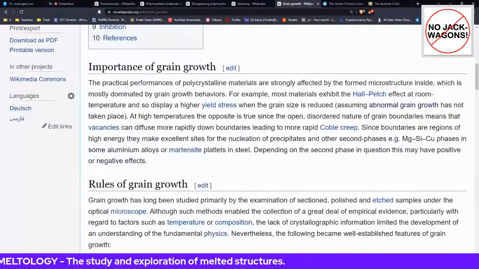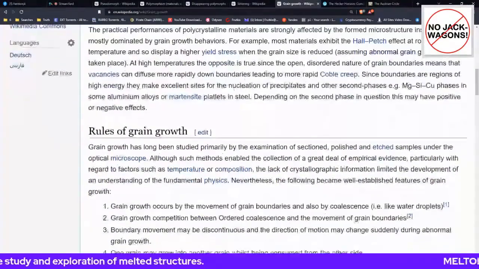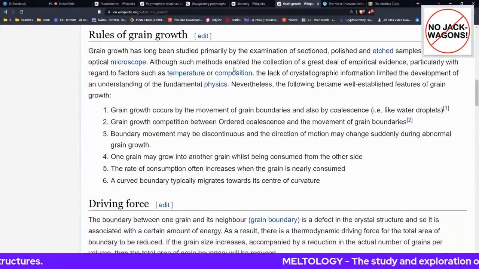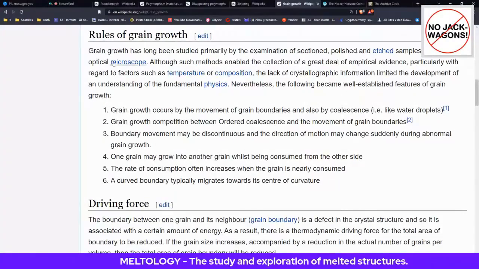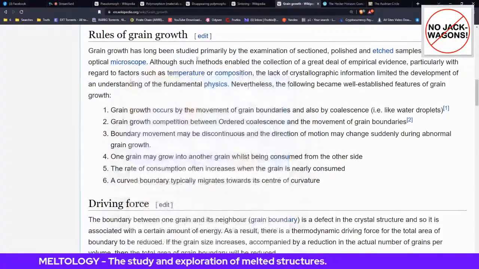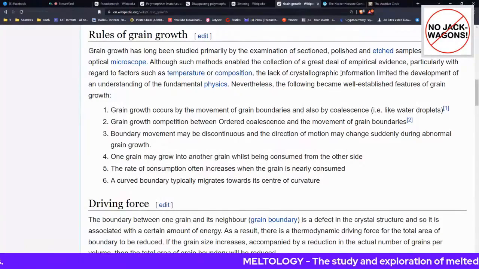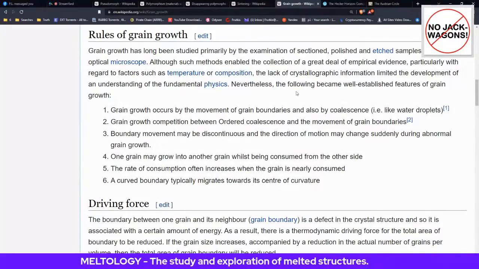And now they talk about how they use this grain growth to create new stuff. Like now the role of the grain growth, look again, use it under the microscope. The factors are the temperature, the composition, and the physics.